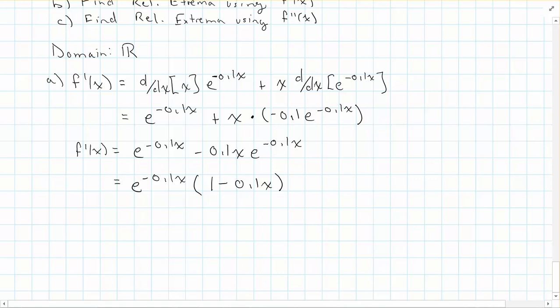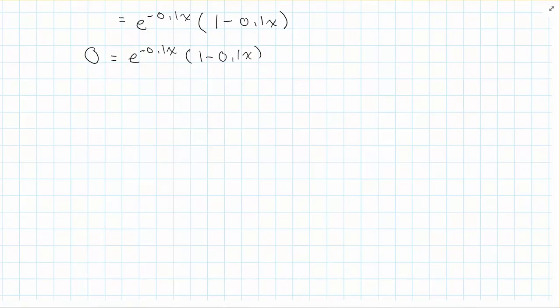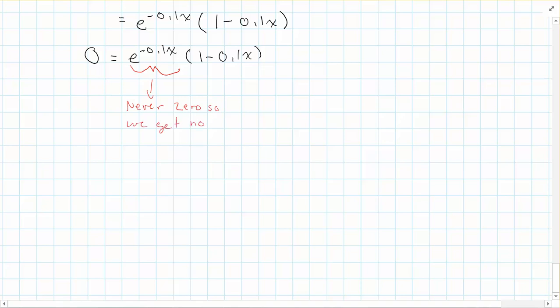Now, part A, I'm trying to find the critical numbers. So we know I set my derivative equal to 0. And we've done a problem like this as far as finding critical numbers, I believe last week, but I want to emphasize again here. This term right here is never 0. So we get no critical numbers from it.